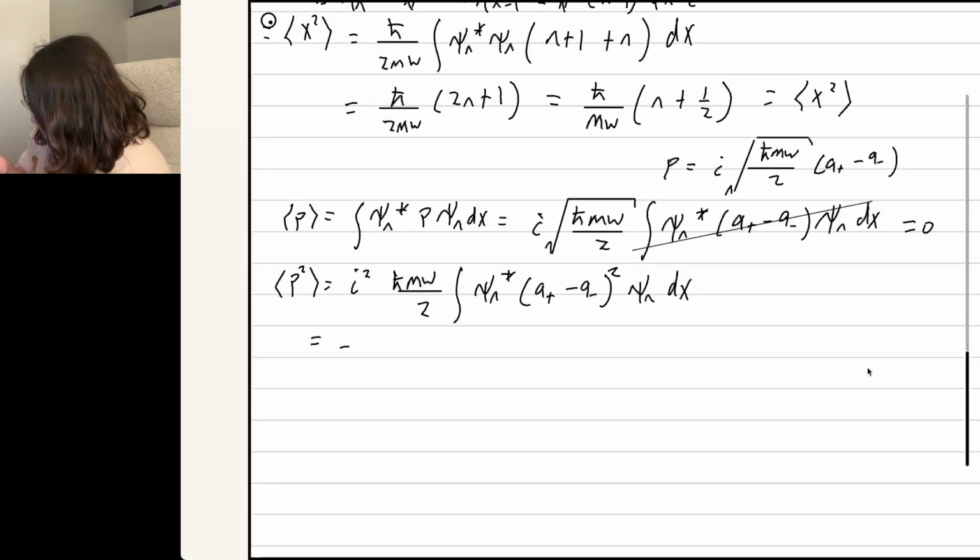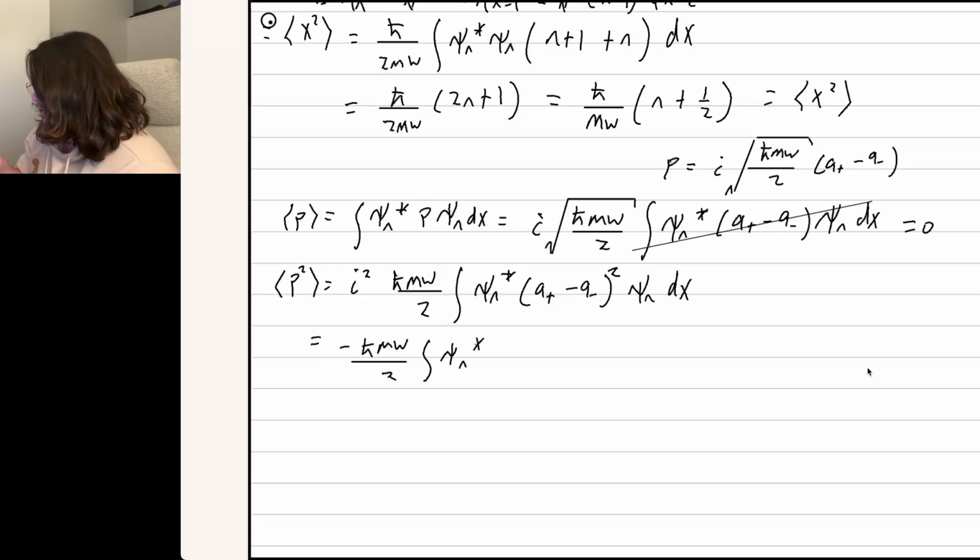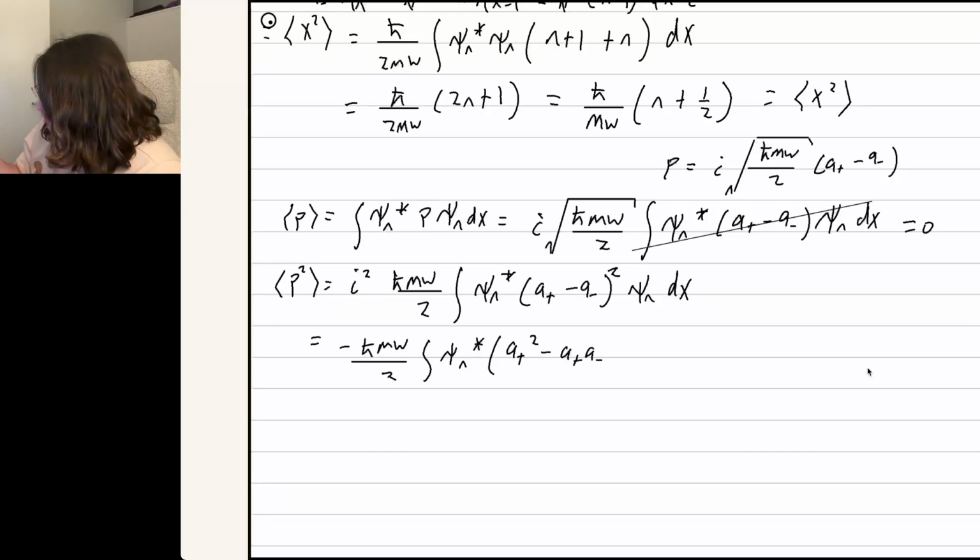The i squared turns into a minus sign, and I'll expand the square: a plus squared, or actually it's minus a plus a minus, also minus a minus a plus, plus a minus squared, psi n dx.